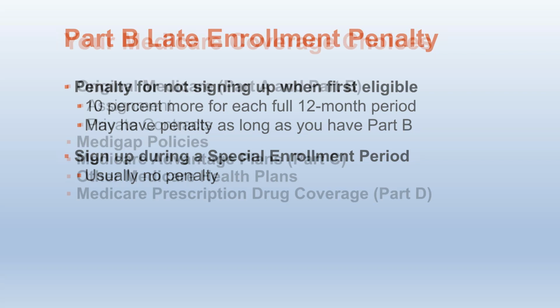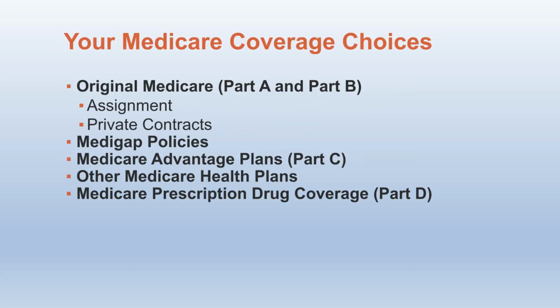Your Medicare coverage choices. It all starts with Original Medicare, Part A and B. And then from there, you have the option to purchase either a Medigap policy plus a Medicare prescription drug Part D plan, or you can purchase a Medicare Advantage Part C plan, which sometimes includes prescription drug coverage.